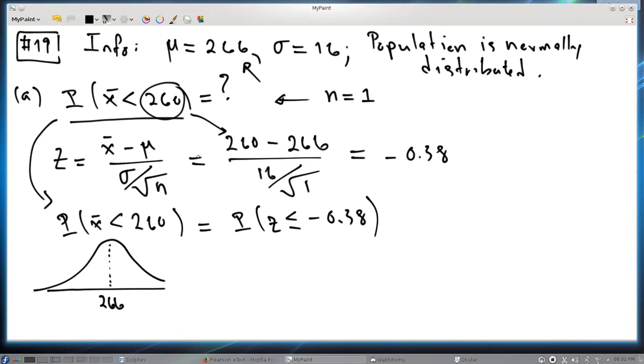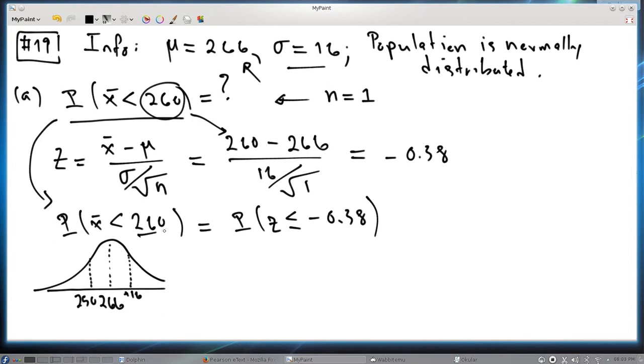So you see here, one standard deviation is 16. So that's one standard deviation right here. So that is basically plus 16 more. So you go to this side here, you subtract one standard deviation. So you take 266 and subtract 16 from it, you will get 250.